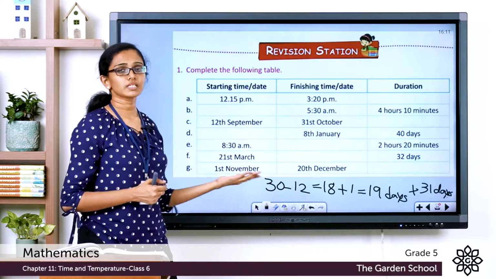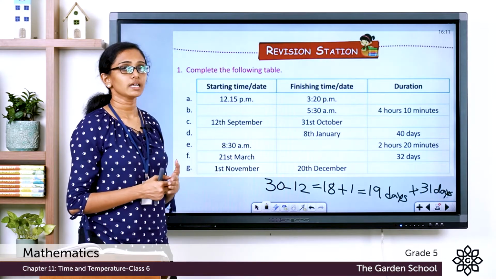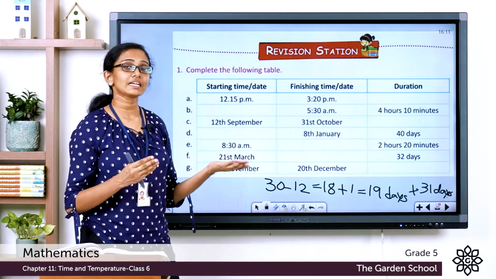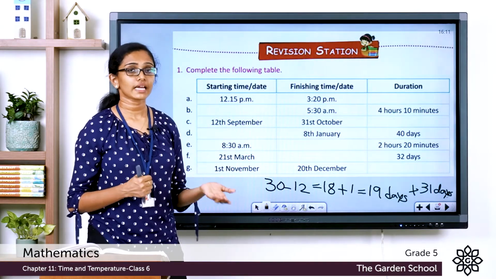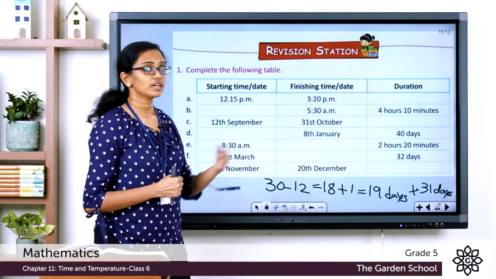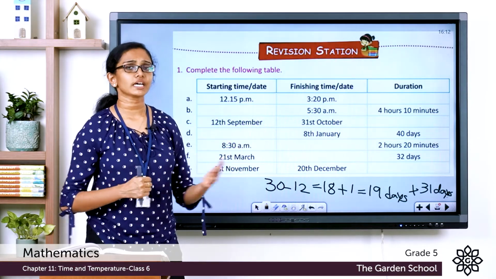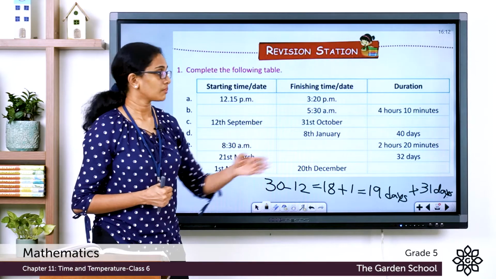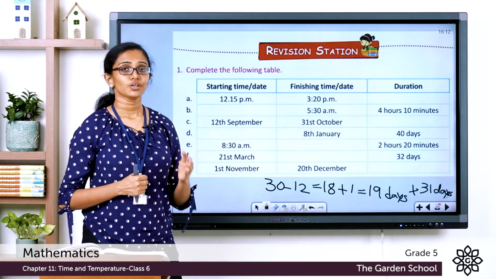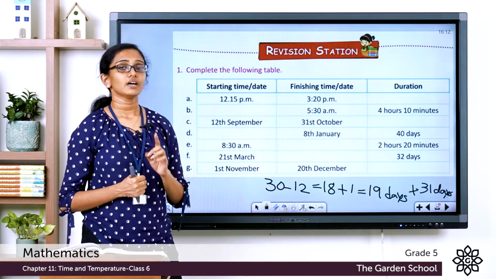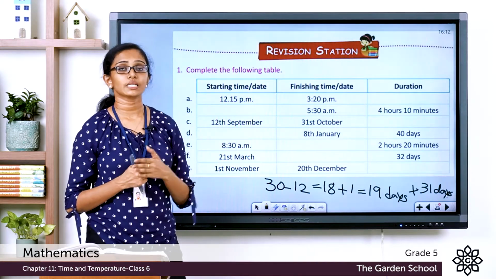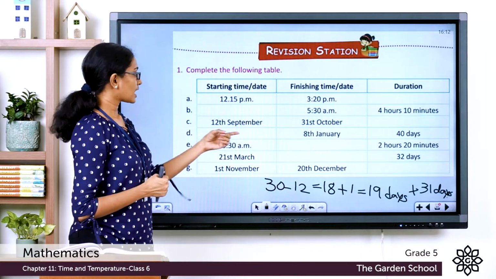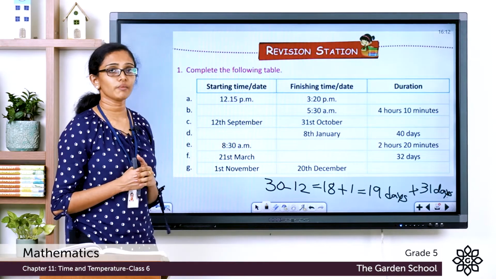Then the previous month, you are counting backwards, right? The previous month is December and December has a total of 31 days. So the 31 days of December plus the first 8 days of January is a total of 39 days. But here the duration is 40 days. So you have to consider the 1 day previous to the 1st of December, which is the 30th of November. So here the starting date would be the 30th of November.